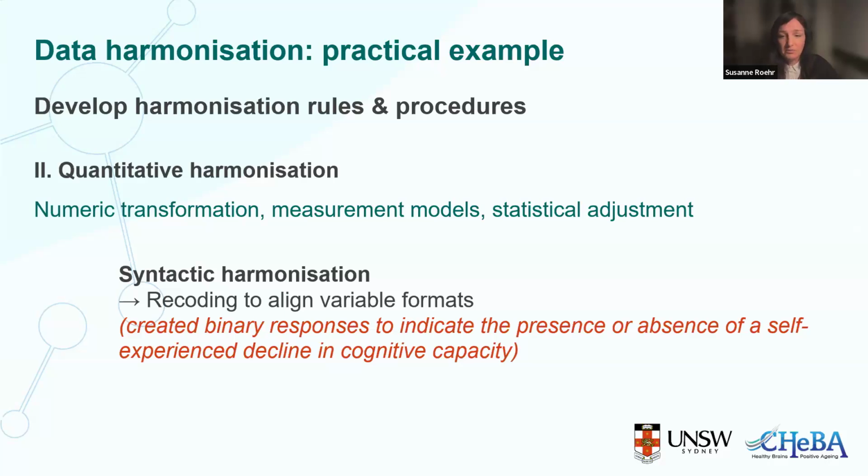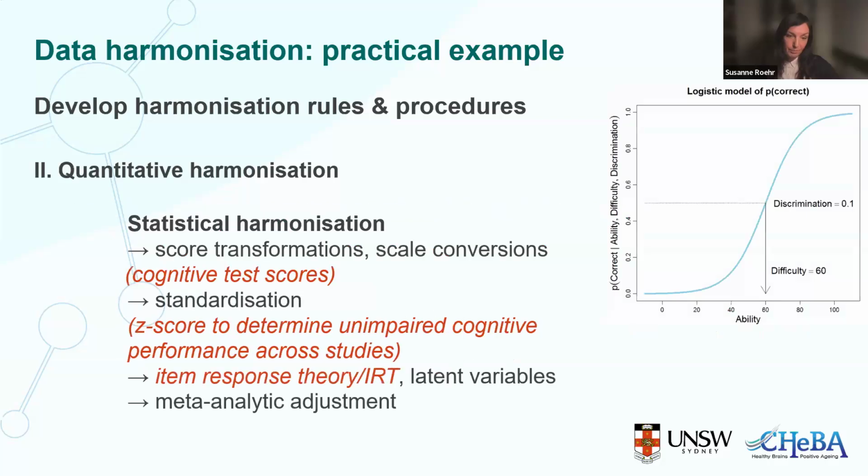Specifically, we created a binary response to indicate the presence or absence of the self-experienced decline in cognitive capacity, which made sense as many study items had a binary response already, whereas others had more complex answering options, and we simply collapsed it. So it can sometimes be quite straightforward.